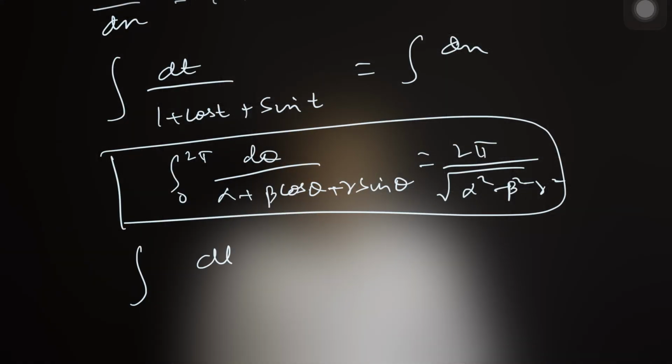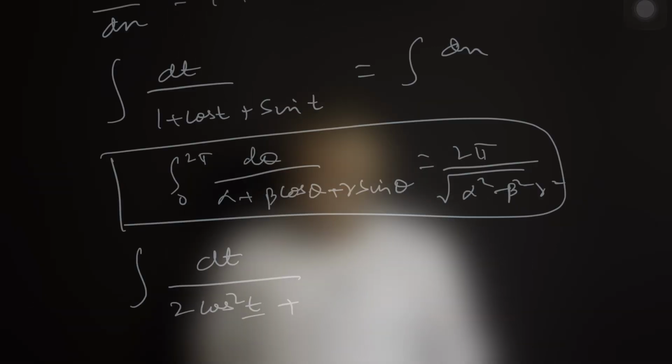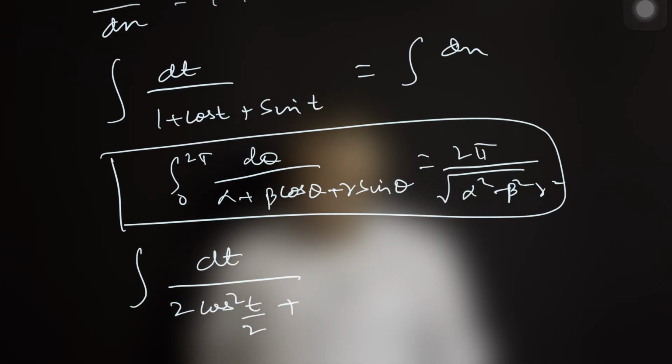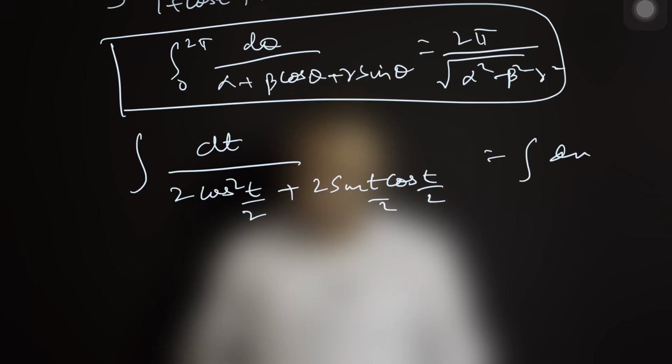There are many ways of doing it. One way is that I can substitute 1 plus cos t as 2 cos squared t by 2, and I can also substitute sin t as 2 sin t by 2 cos t by 2, is equal to dx.